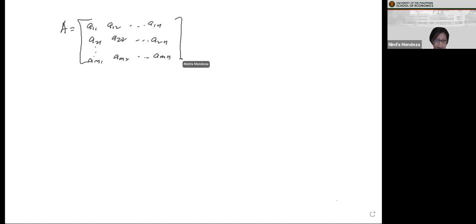So you have N columns and M rows. What is the vectorization of the matrix A? You stack up the columns.